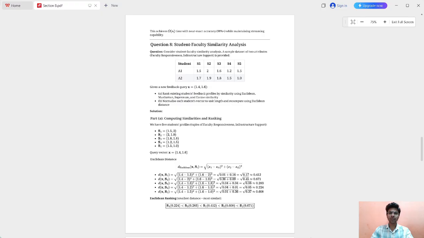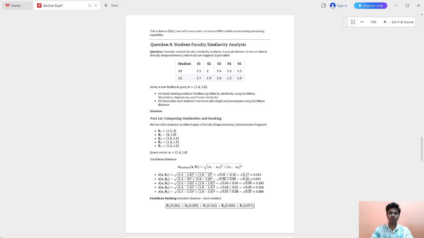Part 1, computing similarities and ranking. We have the 5 student profiles, tuples of faculty responsiveness and infrastructure support. S1 equals (1.5, 2), and S2 equals (2, 1.9).